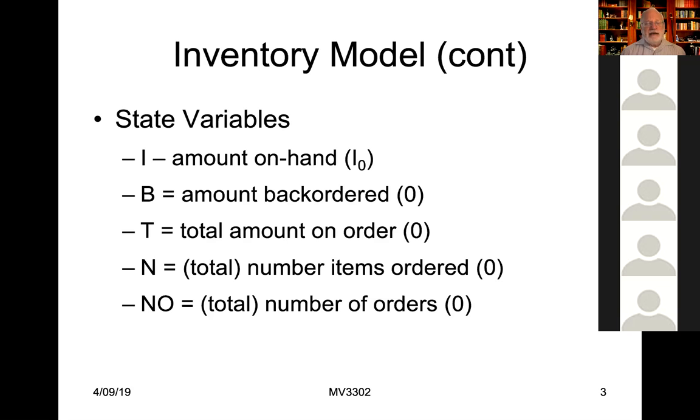T is the amount that our vendors owe us. N would be the total number of items ordered, and again, that's going to be something which keeps increasing. And likewise, NO would be the number of orders. So N number of items, NO total number of orders. And that's something which is actually of interest at some point, so we'll hopefully keep track of that.